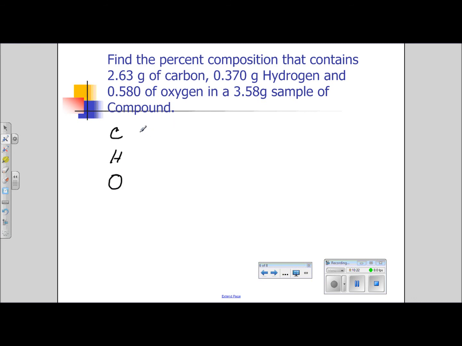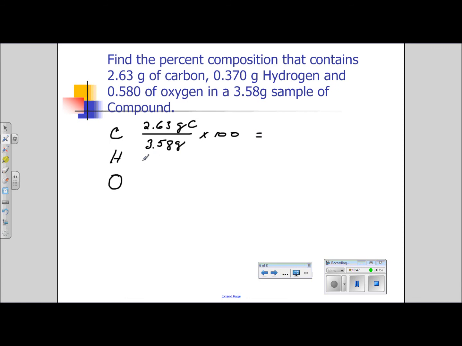And the amount of carbon in this compound is 2.63 grams of carbon divided by the total mass, which is 3.58 grams, times 100, gives us the percentage of carbon.